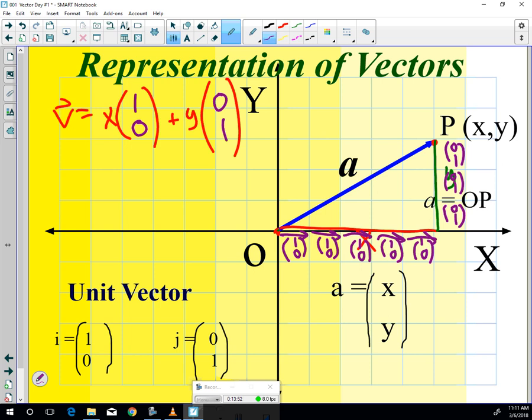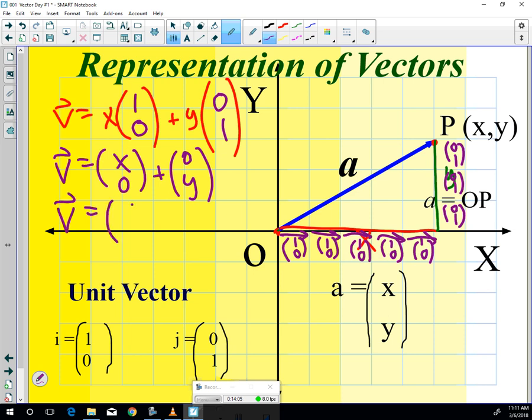So if you multiply these out, what you're going to get is x times 1, 0 plus 0, y. And if you add across, you're going to get x plus 0 over 0 plus y.